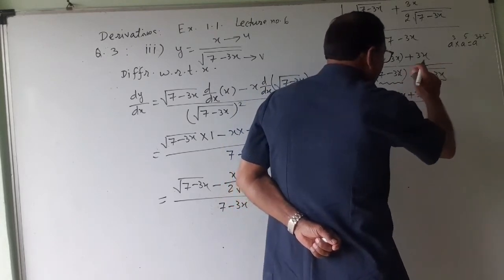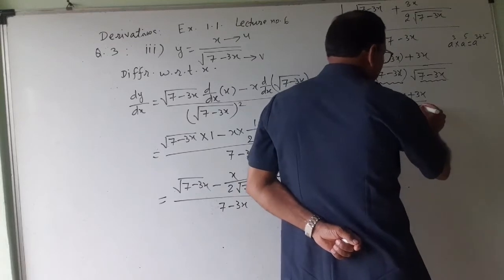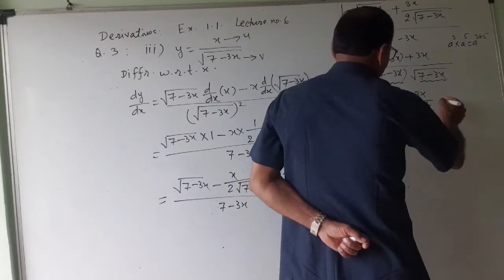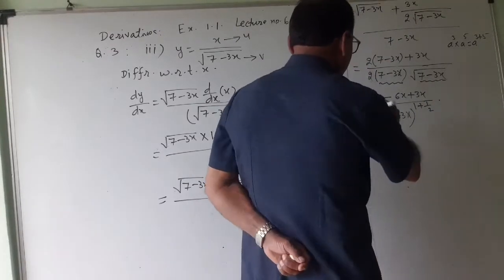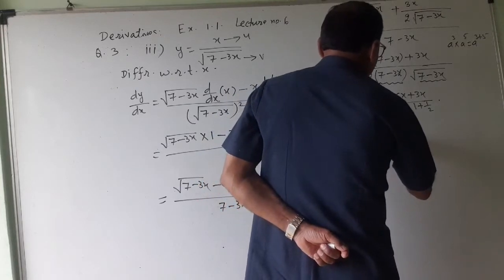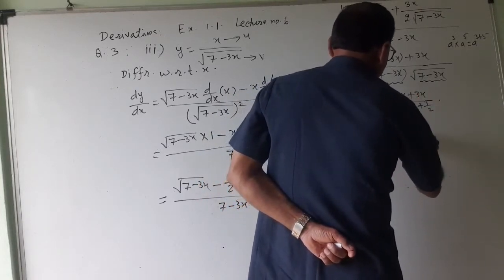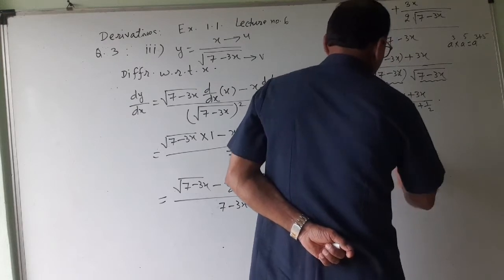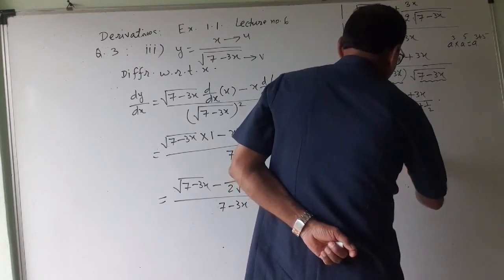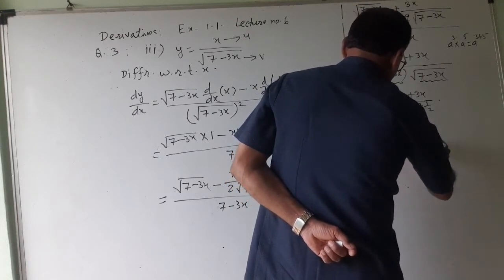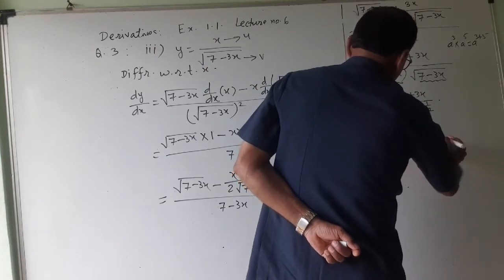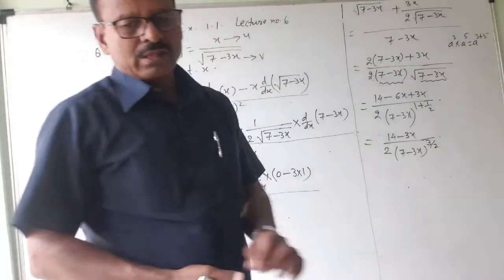And here this power is root, means the half power, plus 1 upon 2. That is equal to, this will be 14 minus 3x upon 2, 7 minus 3x raised to 3 upon 2. This would be the answer.